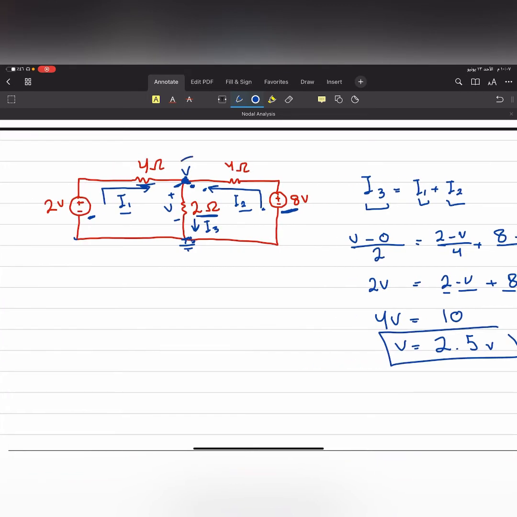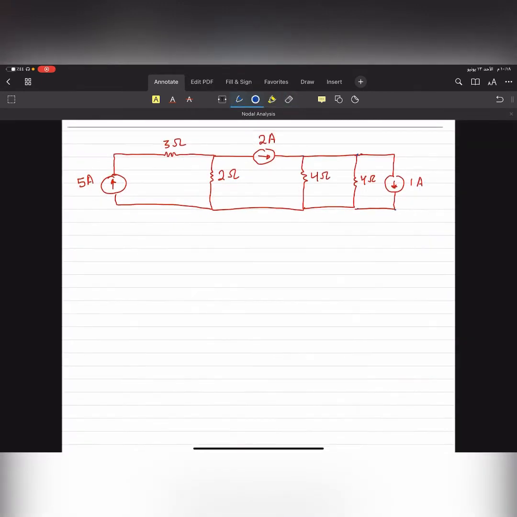So the voltage here is equal to 2.5 volts, which is equal to this voltage, which is equal to this voltage, okay? Now we move to a bigger problem, and this one is not difficult because this one has current sources instead of voltage sources. And when we have current sources, it's actually much easier because when we use KCL, we substitute the currents.